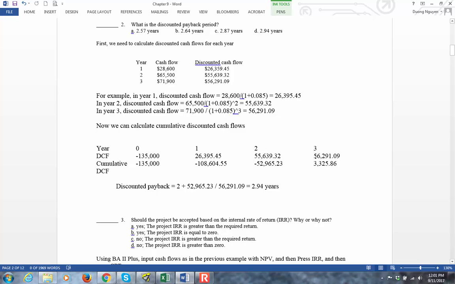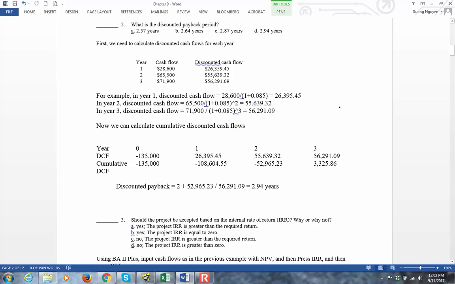For year 3, 56,291.09. And then you calculate the cumulative discounted cash flows. So you start with negative 135,000. After year 1, the project gave you an amount equal to 26,395.45. So after year 1, you need to recover this.